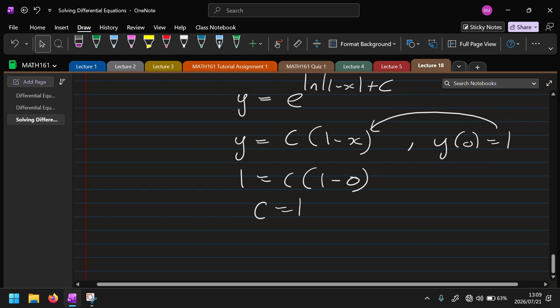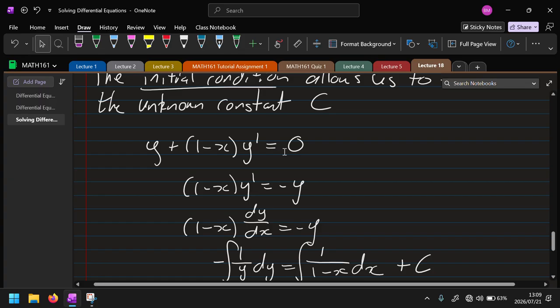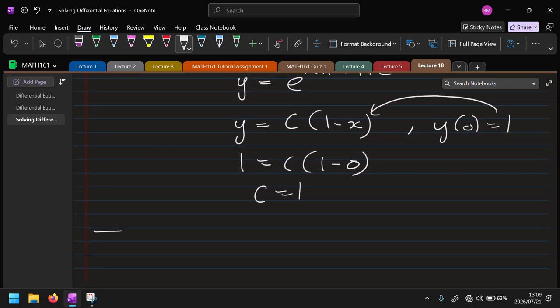So instead of having a solution with some unknown c, the initial condition gives us one solution where c is 1. A different initial condition will give a different value of c. So we get y of x is 1 minus x, no unknown constant.